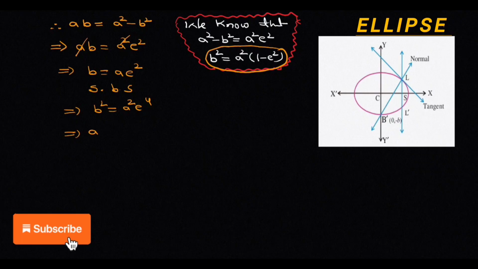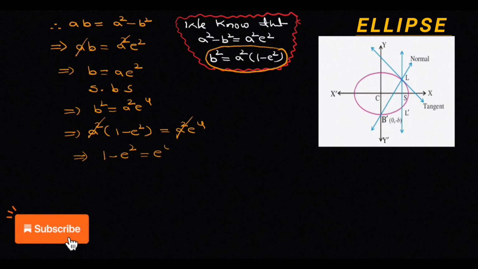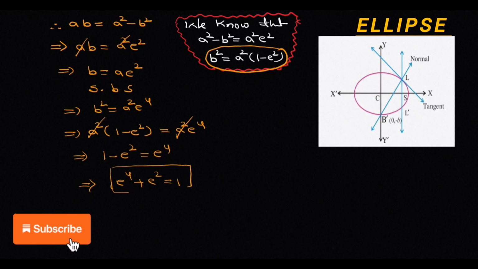Substitute here: a square of (1 minus e square) is equal to a square e power 4, on both sides a square cancels, then 1 minus e square equal to e power 4, which implies e power 4 plus e square is equal to 1. This is the required proof. Hence proved.